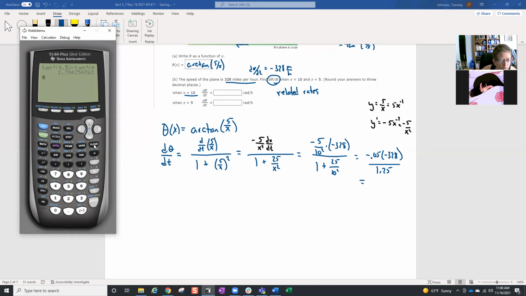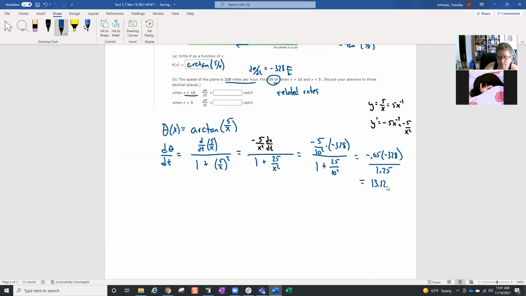And we see that both the negative 0.05 and the negative 328, since they're both negative, I know my answer is going to be positive. 0.05 times 328, all divided by 1.25, 13.12 radians per hour.